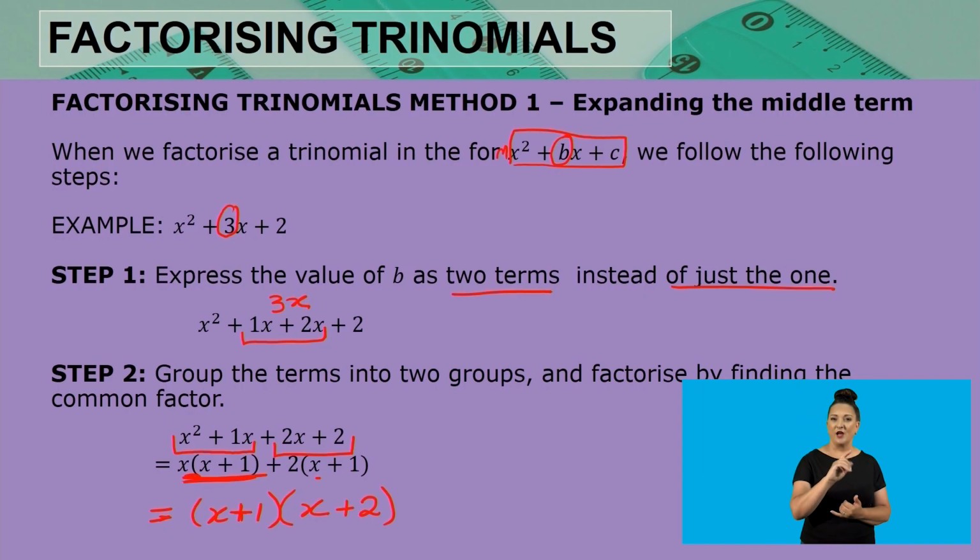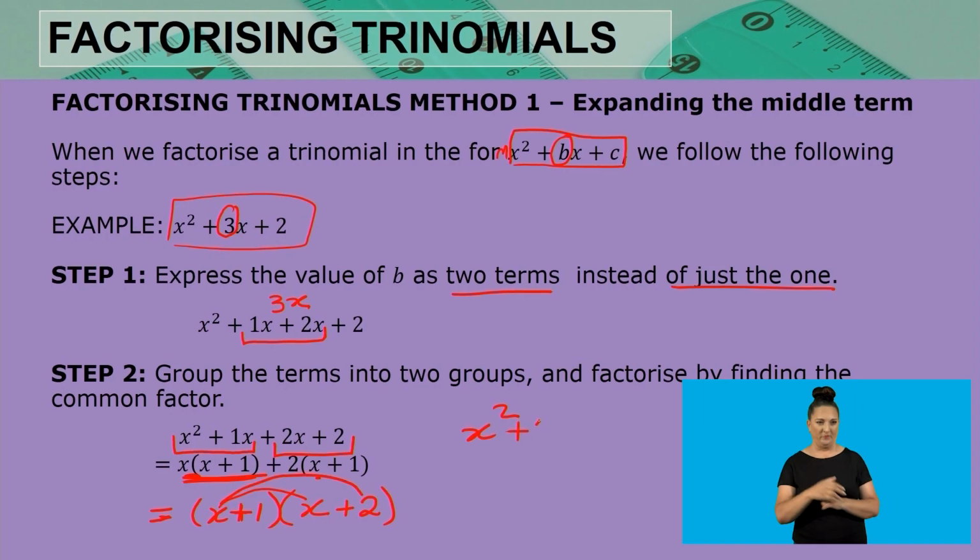Now to check if it really is going to give us this trinomial that we started with, we can quickly multiply that. So we have x multiplied by x, that is x squared. Then we have x multiplied by 2. We are adding there, so that's going to give us a 2x. Then we are still adding, we have a 1 multiplied by x, that is a 1x.